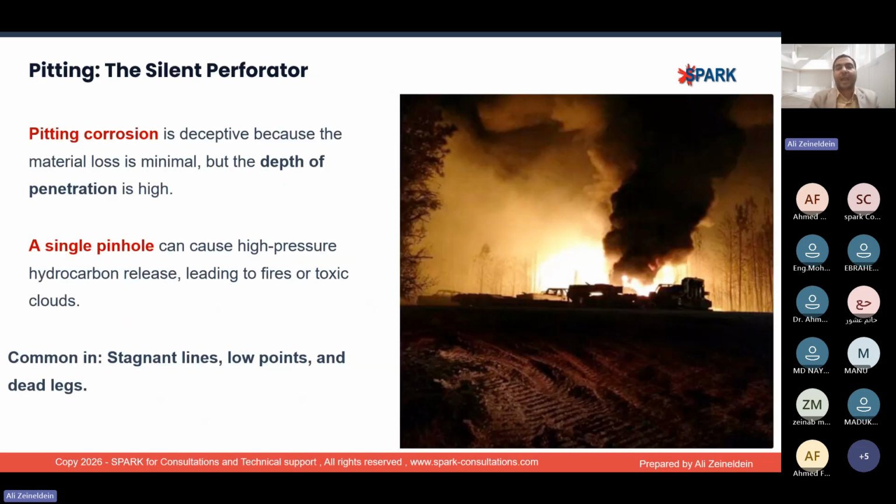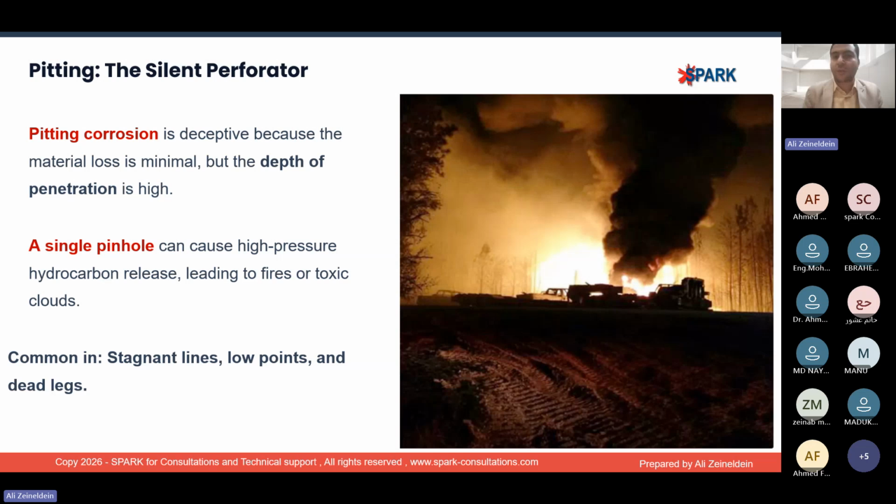Silent killers or silent damage may be due to pitting corrosion or maybe a single pinhole. So we have to focus on the small defects, as we explained many times before. Small defects should in no case be ignored, but should be monitored and focused on to avoid any propagation in this chain.